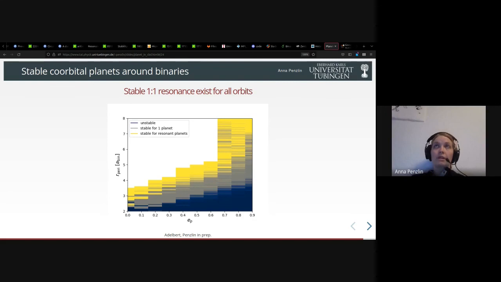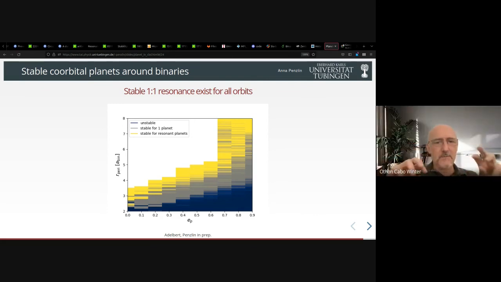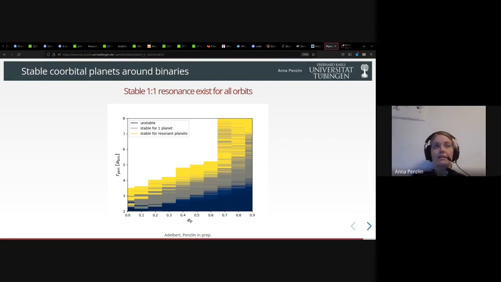If I take exactly the same mass, I do not end up in a tadpole, but always in a horseshoe. If I have slightly different masses, then sometimes I end up in a tadpole configuration.